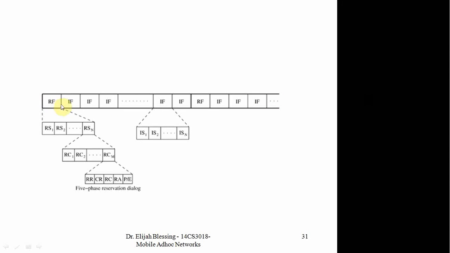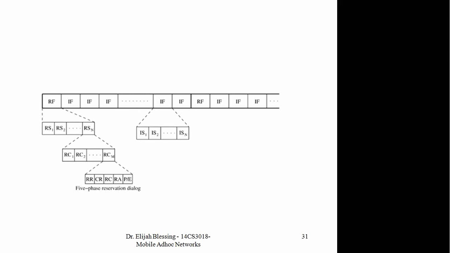What is RF? RF stands for reservation frame, and IF stands for information frame. So during the RF frame, the reservation basically takes place, and during the IF frame, the information is being exchanged.